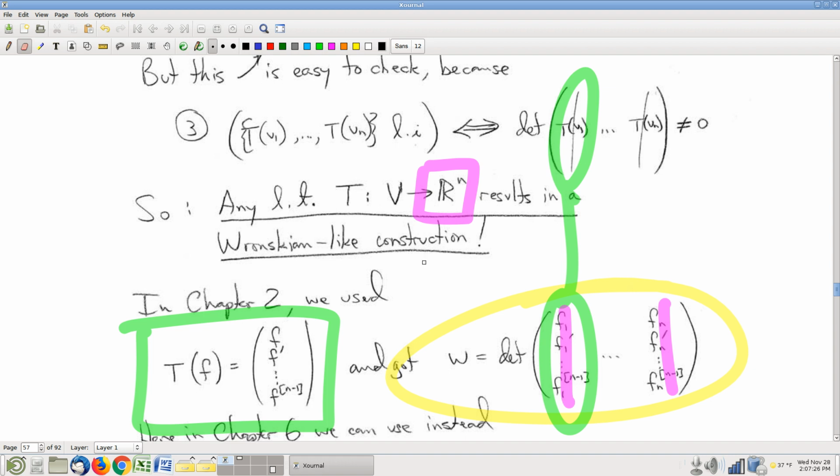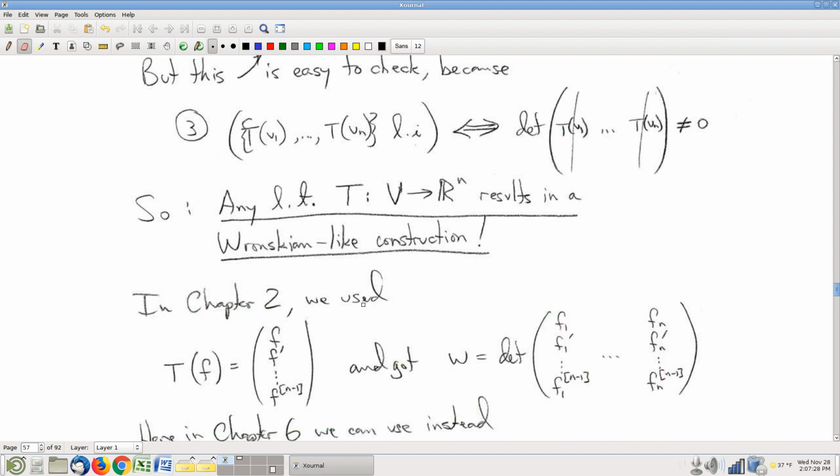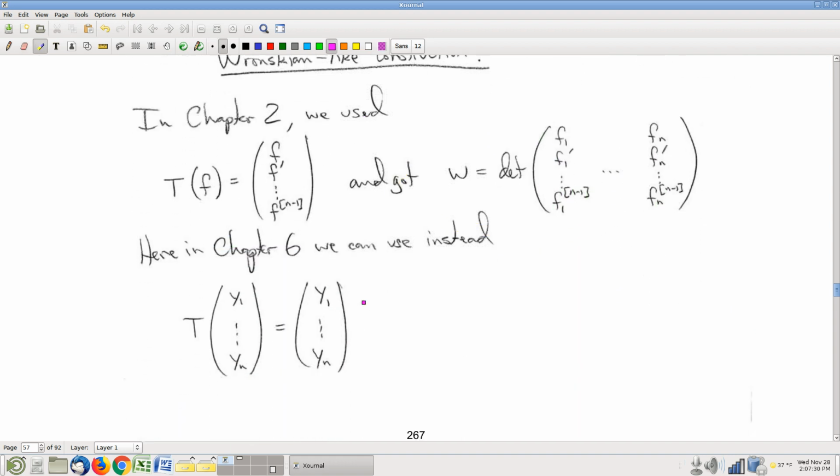All right. So here's our new situation. Now, instead of looking at a bunch of functions like we were in Chapter 2, our new challenge here in Chapter 6 is that we're looking at a bunch of vector-valued functions. These are more complicated things than the mere real-valued functions we were looking at in Chapter 2.